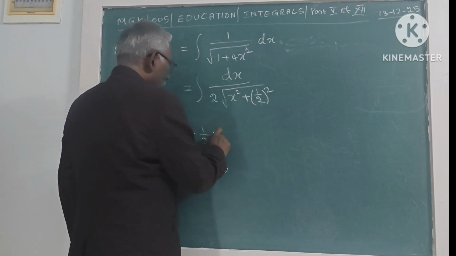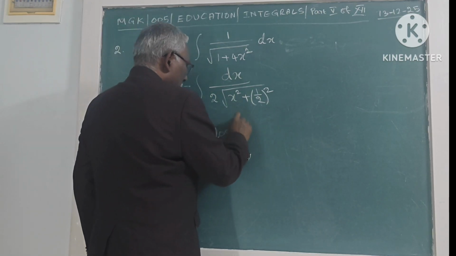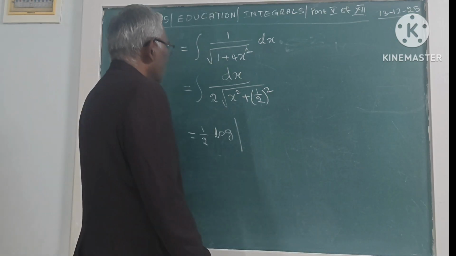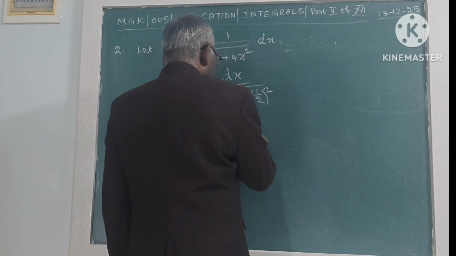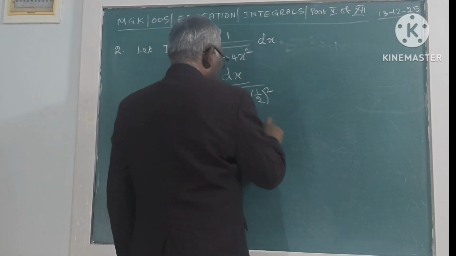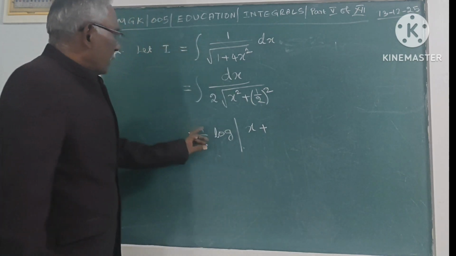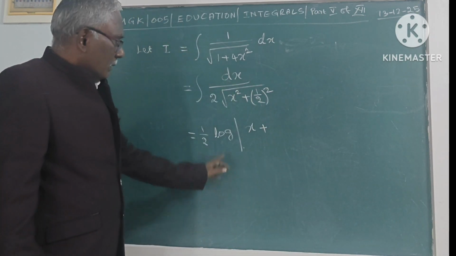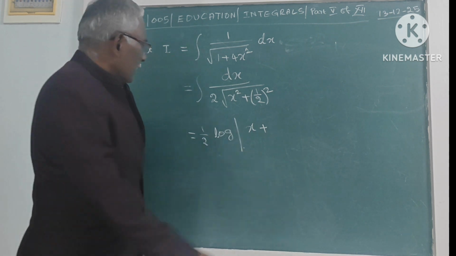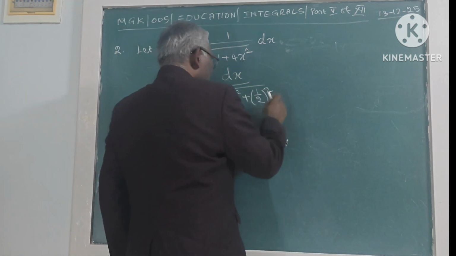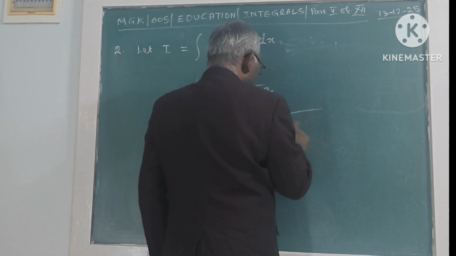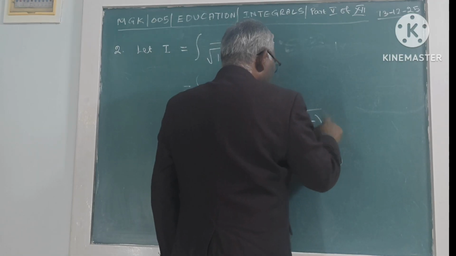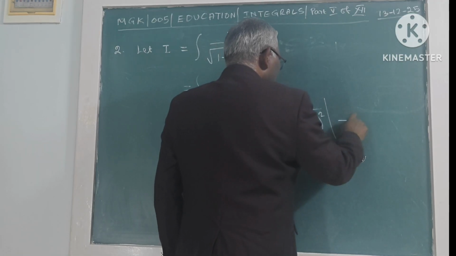This is nothing but log of x plus, whatever comes inside, so log of x plus square root of x square plus 1 by 2 whole square, plus constant, with the factor 1 by 2 outside.